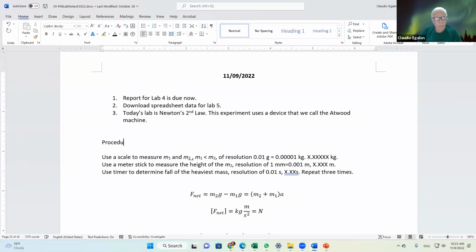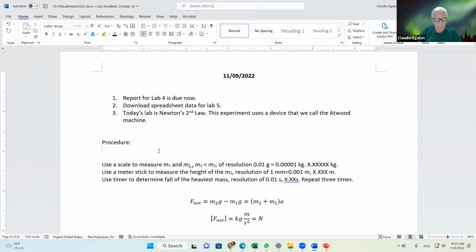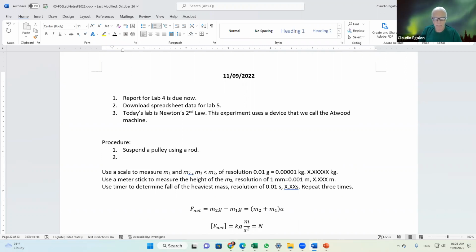Procedure. 1. Suspend a pulley using a rod. 2.